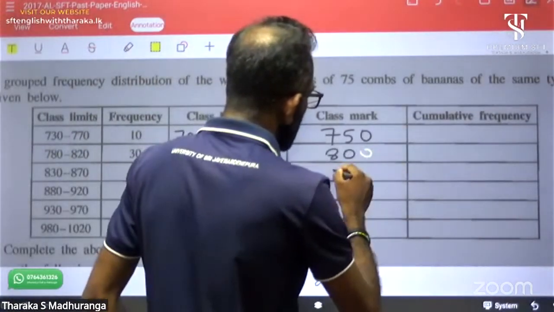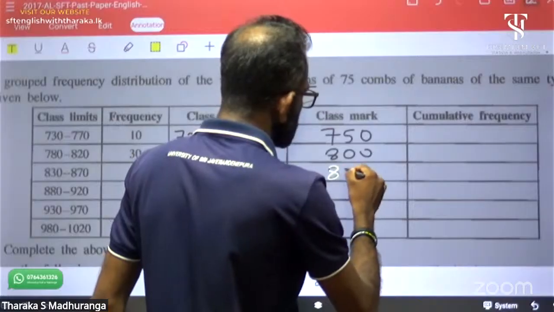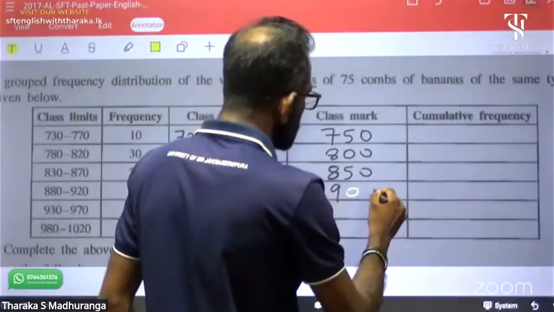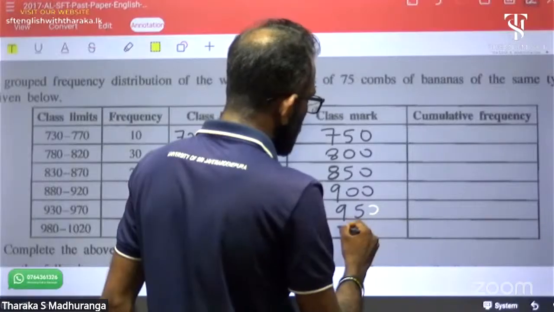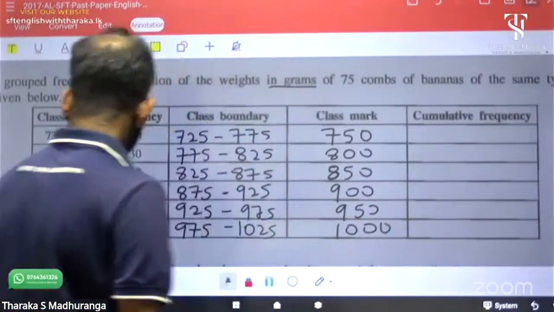This is a pattern: 850, 900, 950 and 1000.